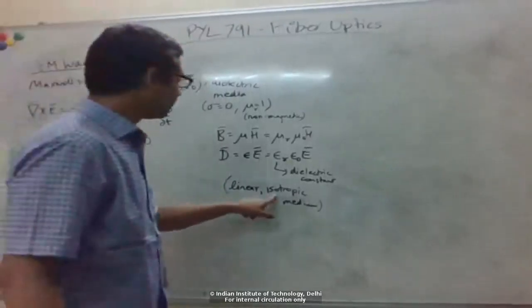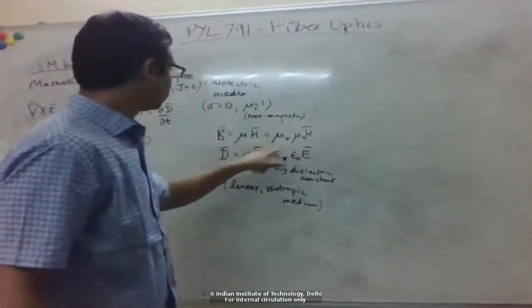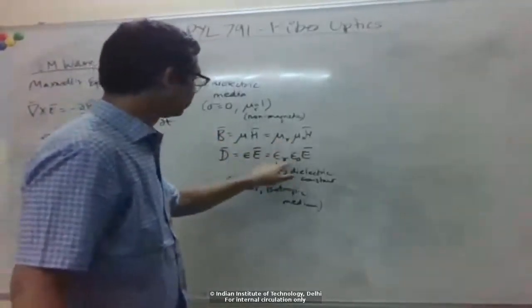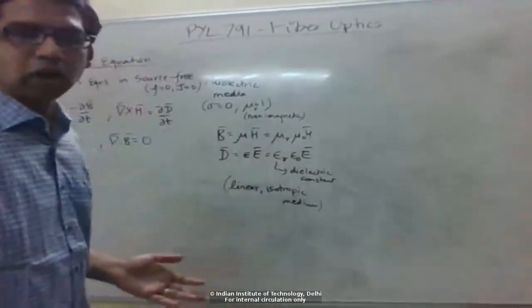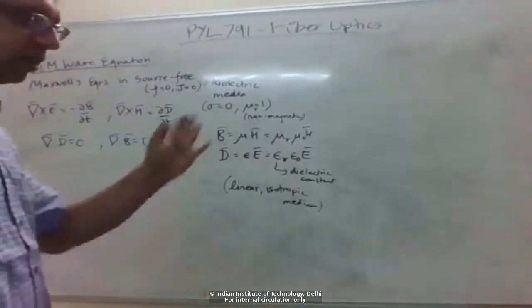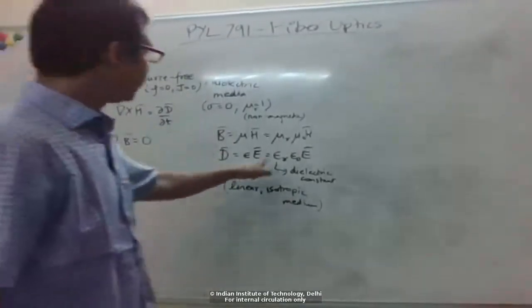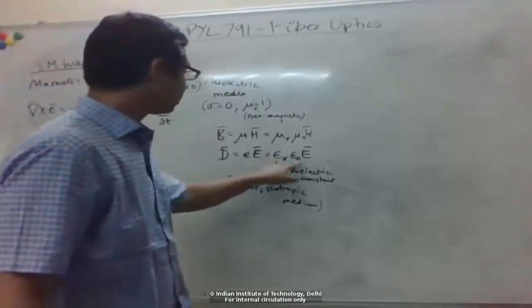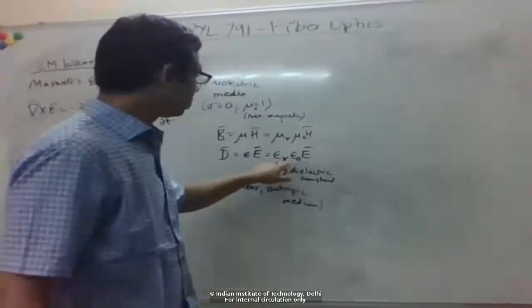And isotropic means that basically D and E are parallel. It is just a constant. But you can also have non-isotropic media where different directions actually look different. Then this would be a tensor, so D and E, for example, won't be parallel, right? So this will have two indices.